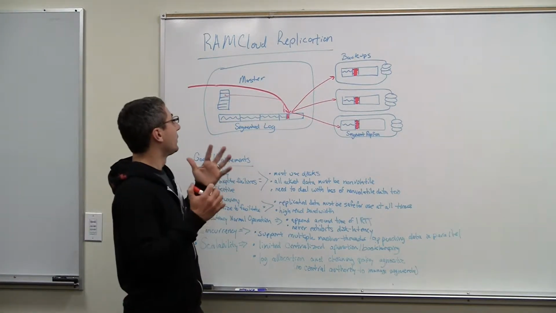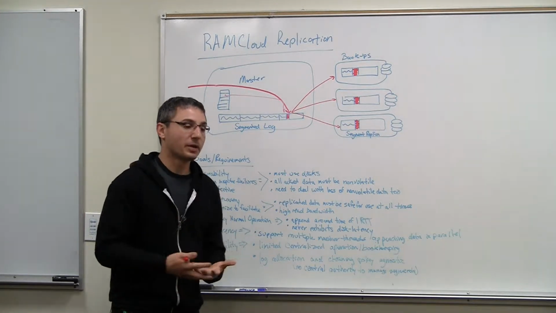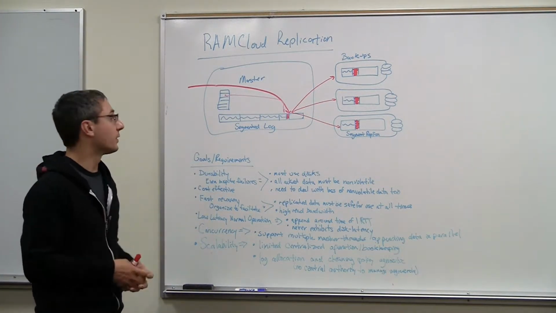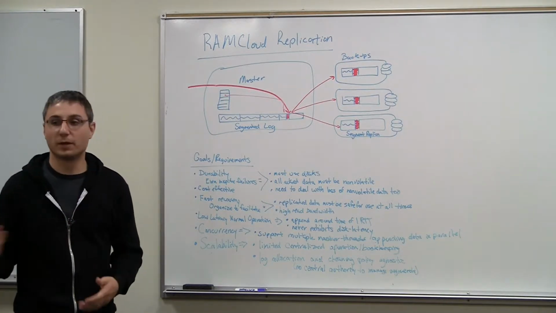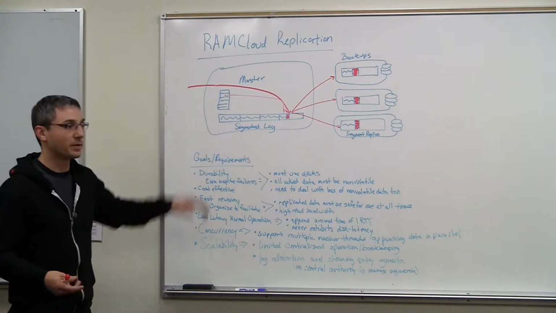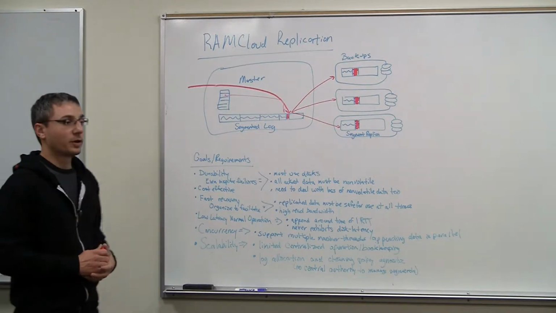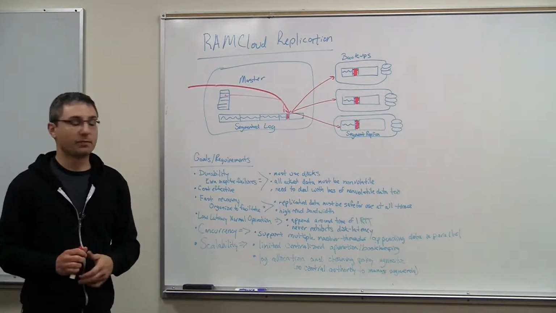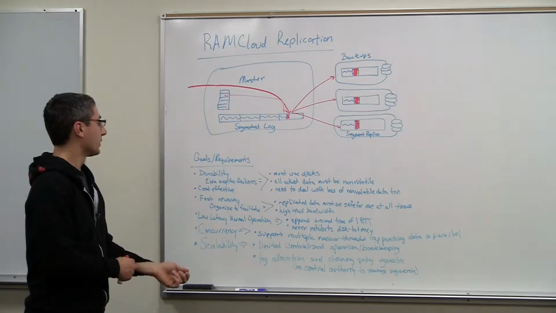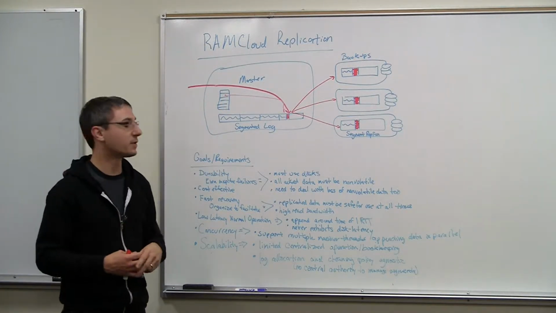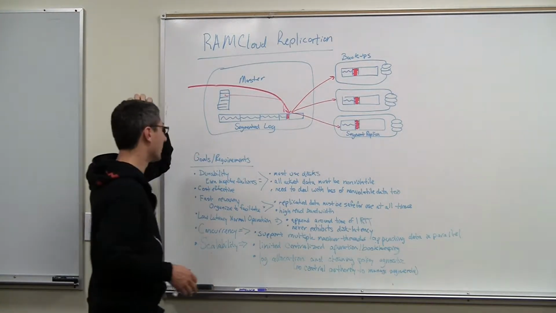So the real goal of RAMCloud's replication is to store data on other nodes in the cluster durably, so that when nodes fail, when we lose this DRAM copy of data, we can reconstitute it. So we'll veer into the territory of recovery a little bit, off and on throughout this session, but we'll try to keep it focused as much as possible on the replication itself.